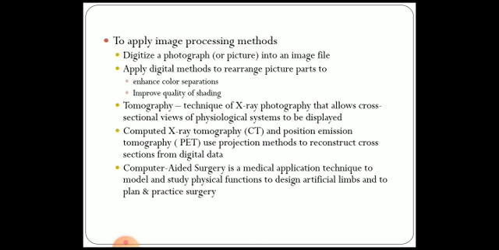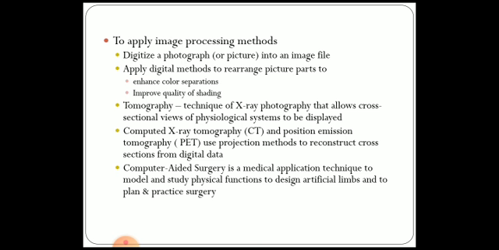So, tomography is a technique of X ray photography that allows cross sectional views of physiological systems to be displayed. Computed X ray tomography and positron emission tomography use projection methods to reconstruct cross sections from digital data.